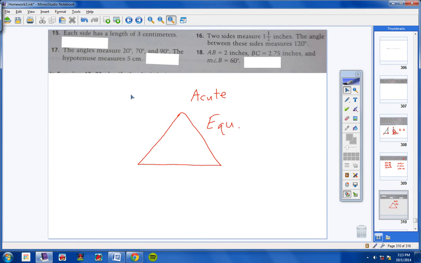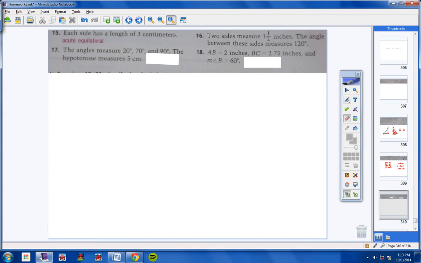What we're trying to do here, students, is classify each triangle according to its sides and its angles both. Okay, all right, moving on to number 16. 2 sides measure 1.5 inches, and the angle between these is 120 degrees. So here's approximately 120 degrees. And we'll say this side over here is 1.5 inches, just pretend, and 1.5 inches.